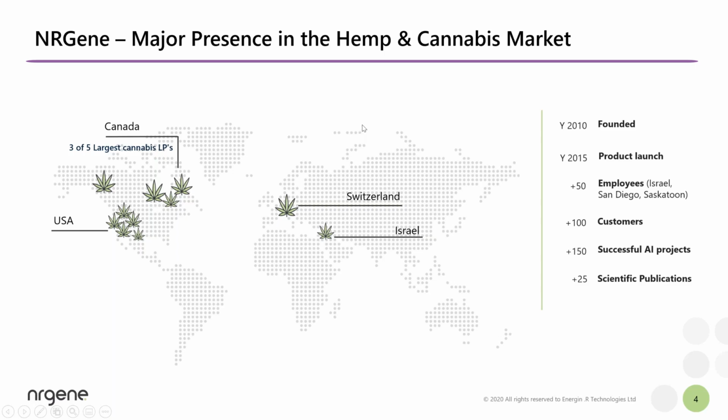In the cannabis and hemp space, we work mainly with Canadian large licensed producers, but also companies in the US in the hemp and cannabis space, and also with a large company in Switzerland and in Israel. Our technology has been validated by over 25 top-tier scientific publications and used by industry partners, so we know the technology is highly reliable and verified both by market and academia.